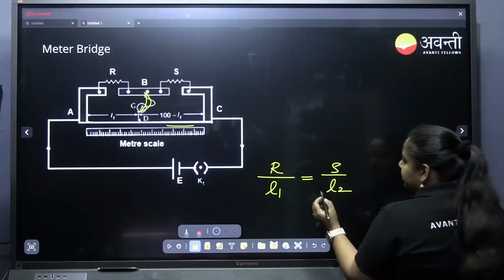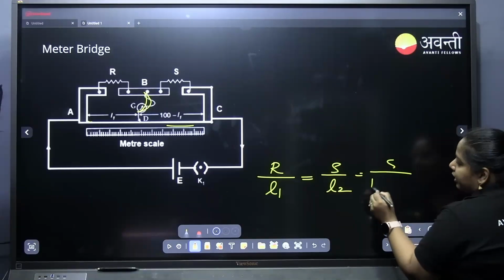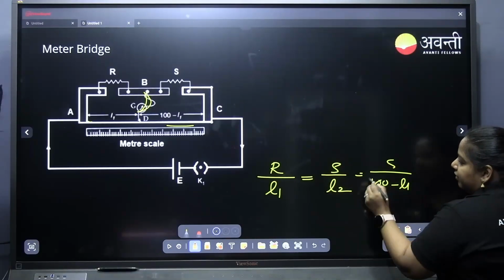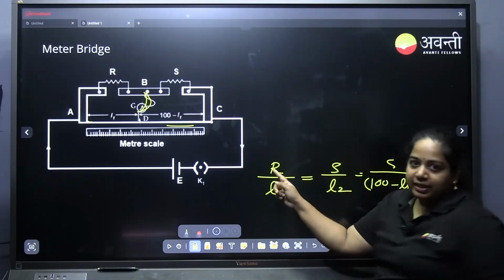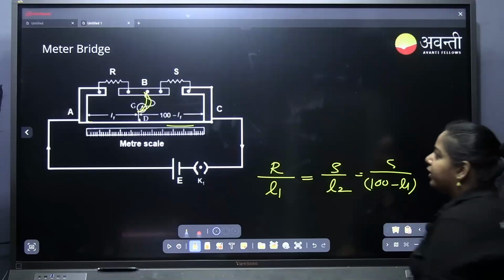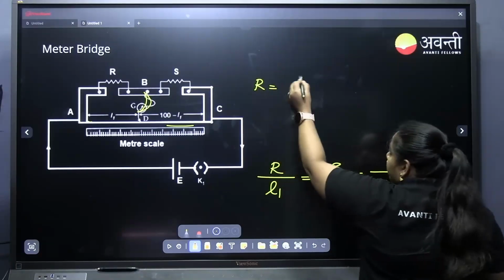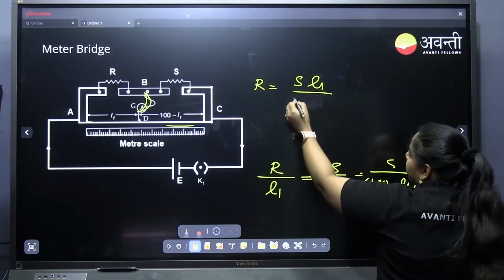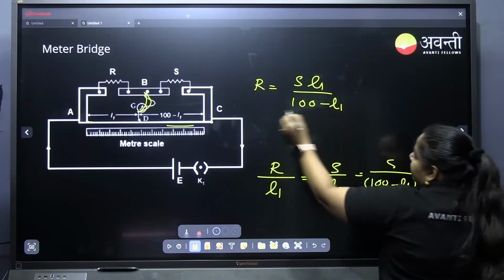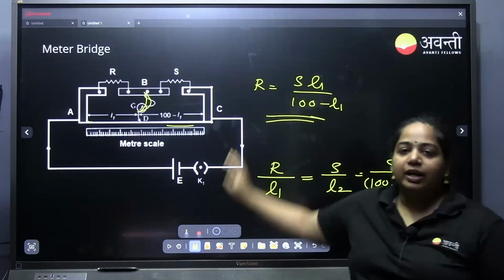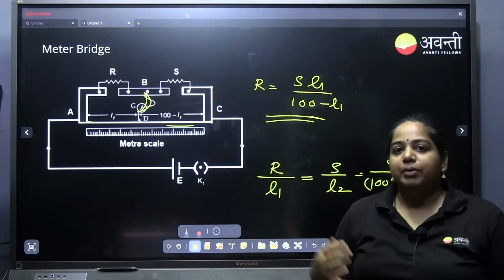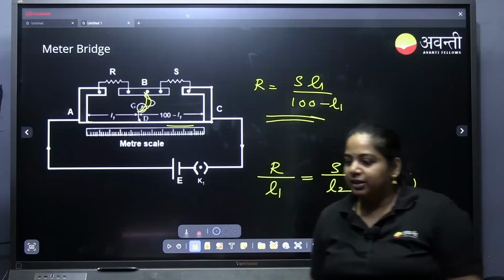And that L2 is nothing but 100 minus L1. Okay, so if R नहीं दिया है, S दिया है, you can find R equal to S L1 divided by 100 minus L1. So with just balancing length you can find unknown resistance. That is the application of meter bridge. Is that clear?